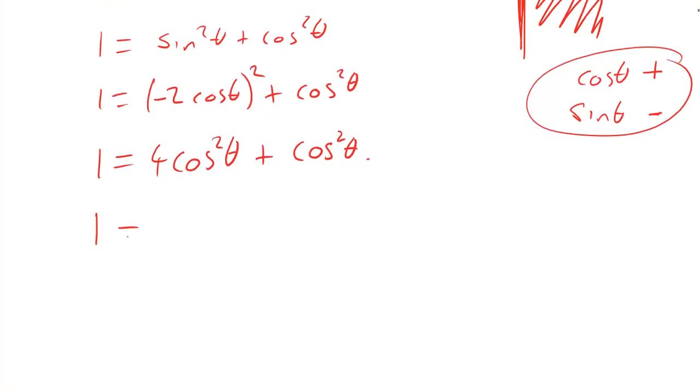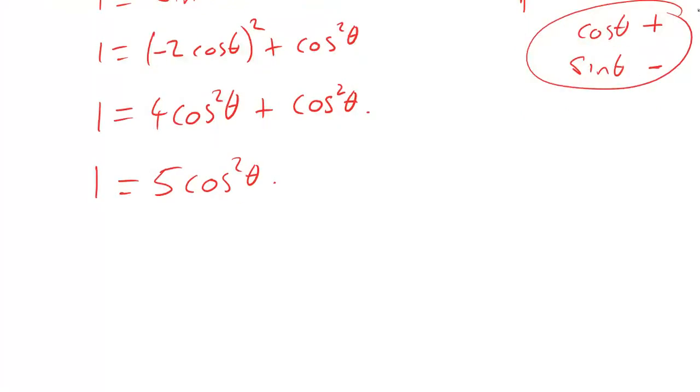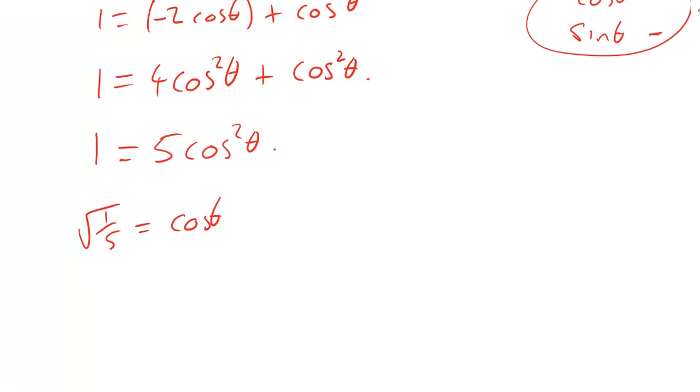And from there, if we collect those up, 1 is going to be 5 cosine squared theta. Rearranging that, we are going to divide by 5 and square root. So we'll have the square root of a fifth is equal to cosine theta. And again, we should probably rewrite that as plus or minus 1 over root 5.